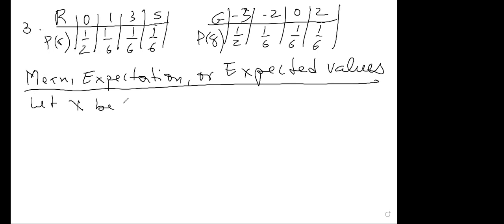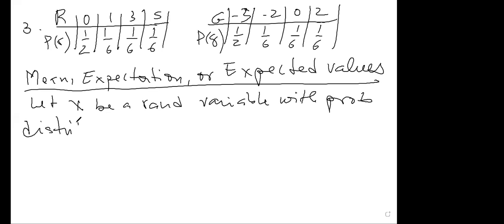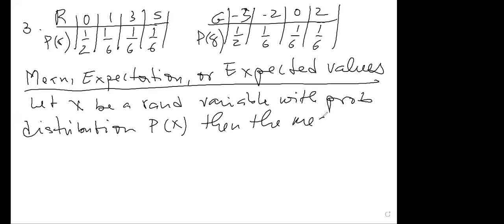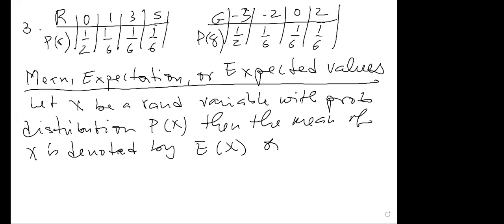Let X be a random variable with probability distribution P of X. Then the mean of X is denoted by E of X or mu.